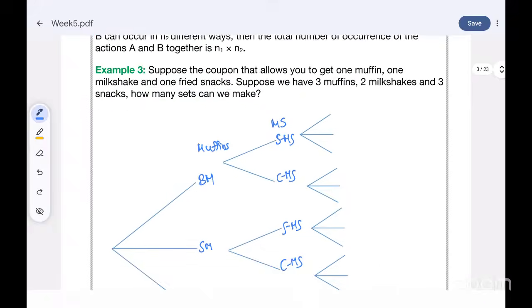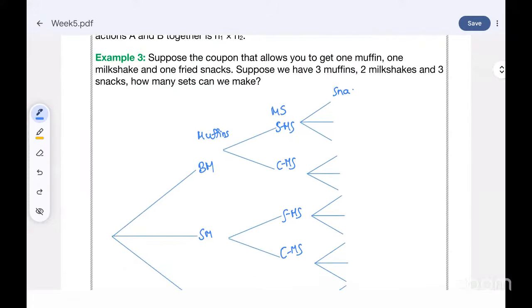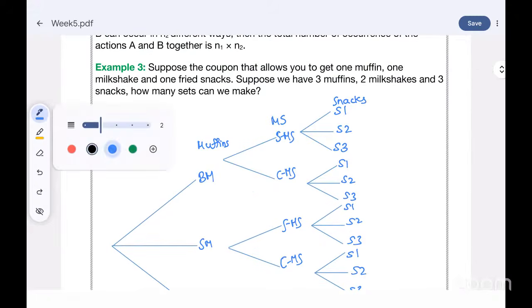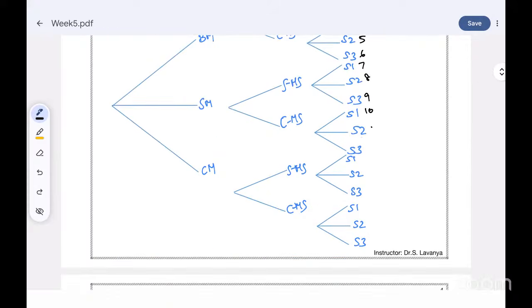Then you have 3 different snacks, let's say snack 1, snack 2, snack 3, and here also the same. So in total, how many options are there? 1, 2, 3, up to 18.